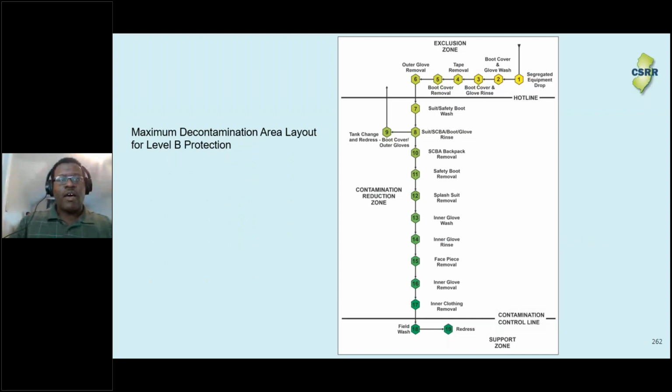And so here's an example of one of the diagrams from section 13.7, personal contamination reduction considerations. It shows the process from getting from an exclusion zone at a site to a support zone for level B protection. This section has diagrams for the other levels of protection as well for your own research.